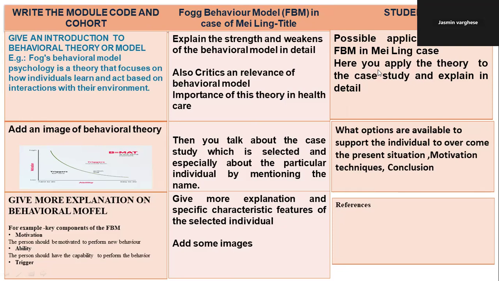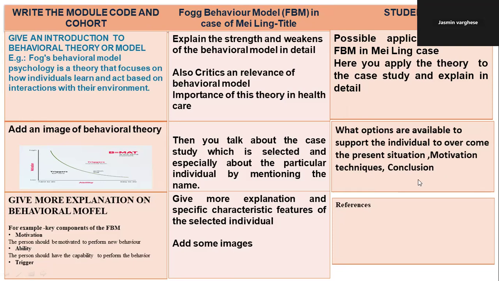And you can help the specific person to change his maladaptive behavior to adaptive behavior. In that session, you can talk about the options available to support the individual to overcome the present situation. And also you have to talk about motivation, what type of motivation we can give to the person to change his maladaptive behavior to adaptive behavior.